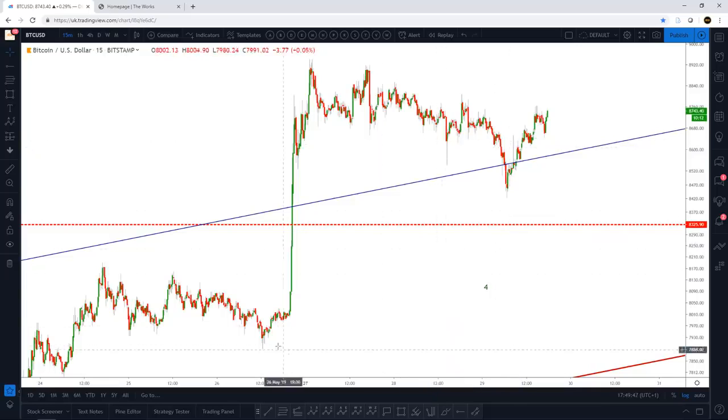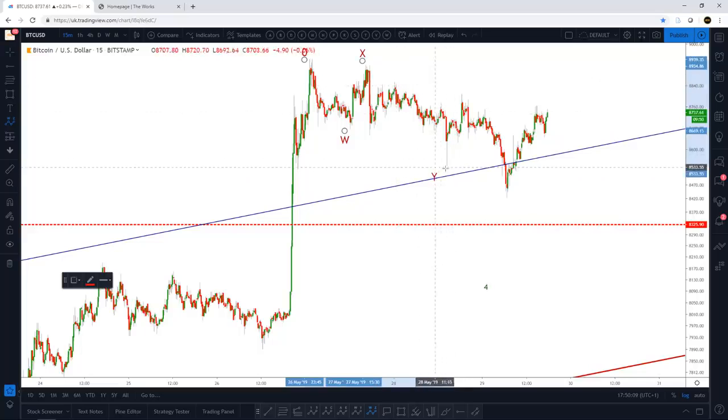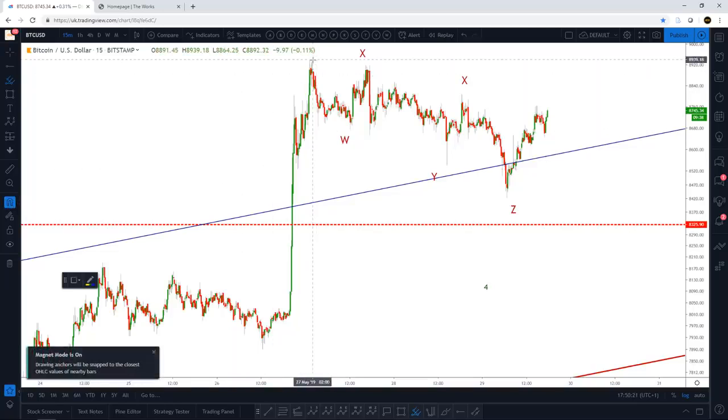I did mention on my Discord today to the Cryptology members that we have what looks like a WXYXZ playing out: three waves down to here, W, X, and three waves down to make Y, another three waves up to make the second X, and three waves down to make Z. Using that, we drew our pitchfork, using shift pitchfork because it's corrective, with our first three pivots.